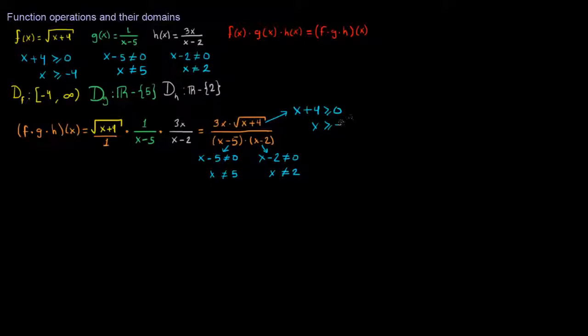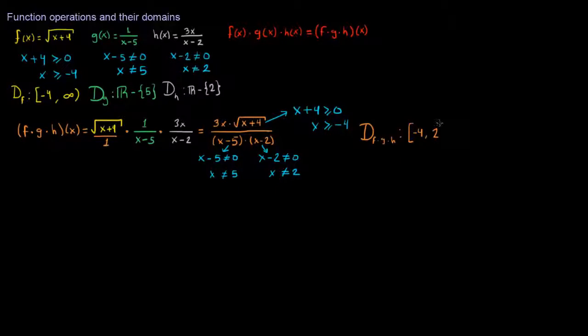So the domain of f times g times h would be something like this. I'm going to write it with a subindex just to label what we're doing. It would be from -4 included, to 2.